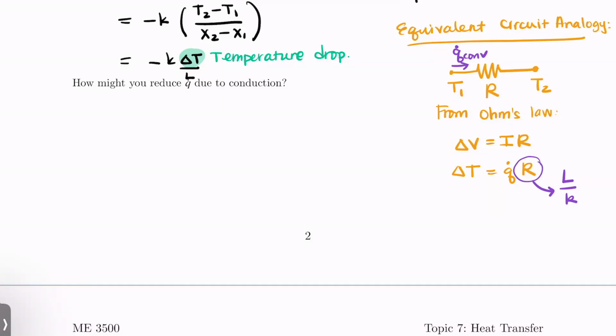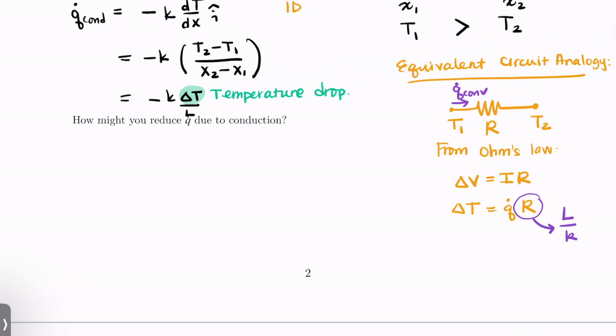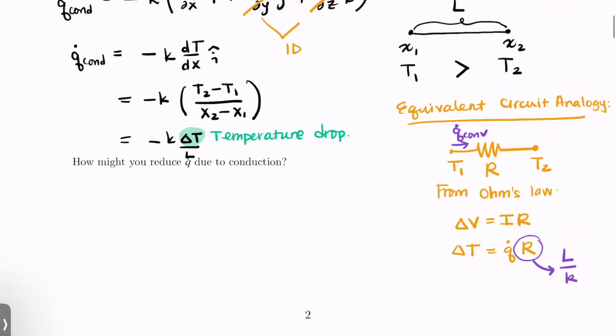Okay, so just a little thought experiment before we wrap it up for the day. Given this definition for Q dot for conduction, minus K delta T over L, how might you reduce Q dot due to conduction? Any ideas? If you wanted to make Q dot smaller?